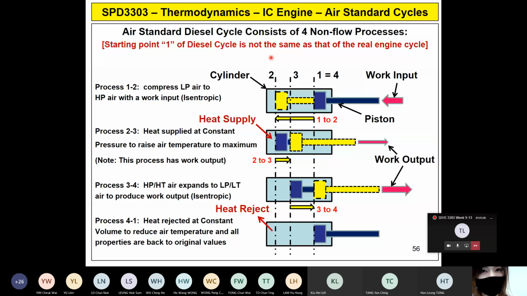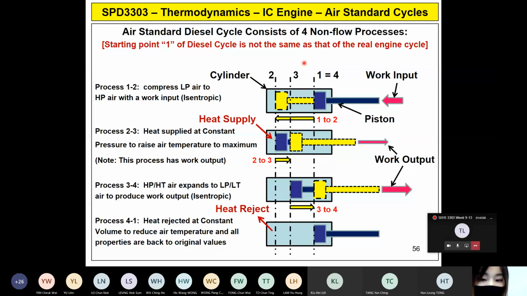For a non-flow system, you can use non-flow energy equations. Okay, process 1 to 2. We call it isentropic compression. We'd like to compress the low pressure air into high pressure air by giving a work input. We assume it is an isentropic process.